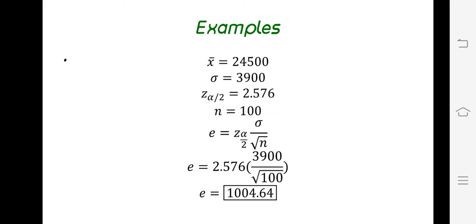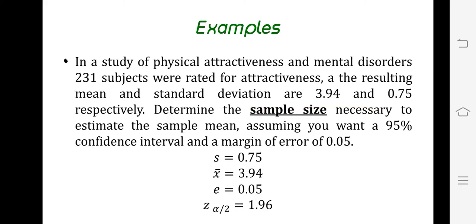Okay, for the next example: in a study of physical attractiveness and mental disorders, 231 subjects were rated for attractiveness. The resulting mean and standard deviation are 3.94, this is the mean, and 0.75, this is the standard deviation, respectively.